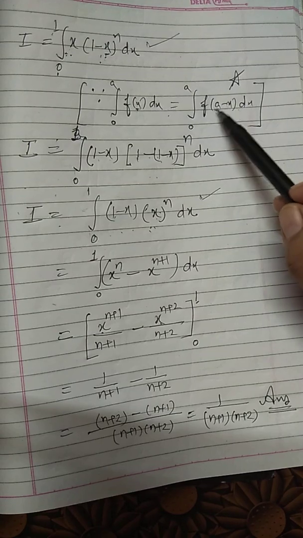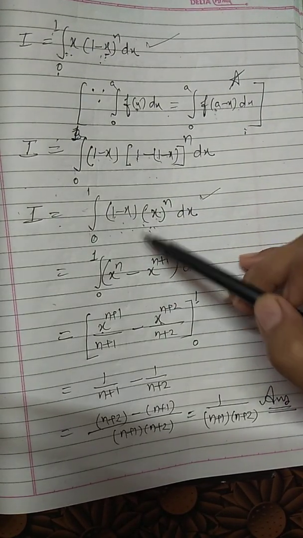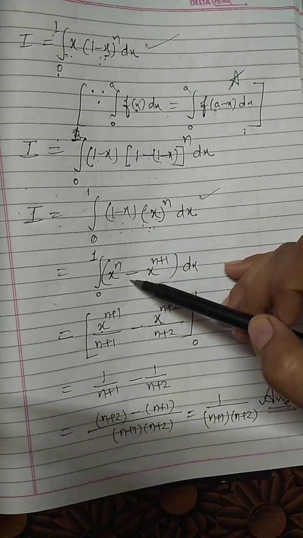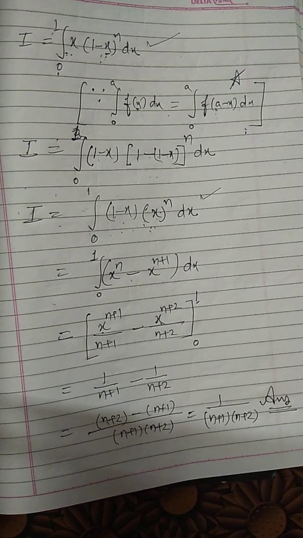But here, just after the application of the property, our integral has been simplified, which we can easily integrate. So this is sum number 7, and exactly sum number 9 you will do. Sum number 7 and sum number 9 are similar, and sum number 7 we have discussed. Sum number 9 you people will do, and you will find it very easy.